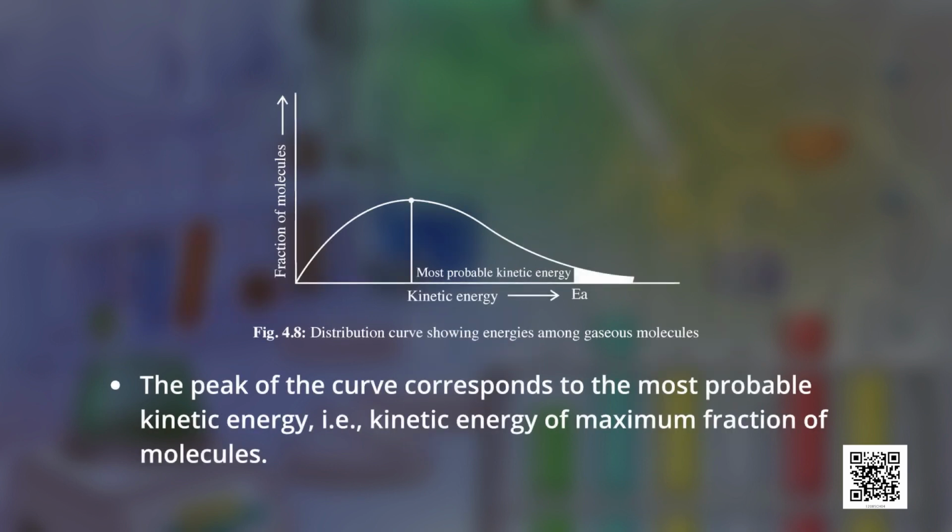The peak of the curve corresponds to the most probable kinetic energy, that is, kinetic energy of maximum fraction of molecules. Only those molecules which have energy more than activation energy Ea can take part in the reaction.